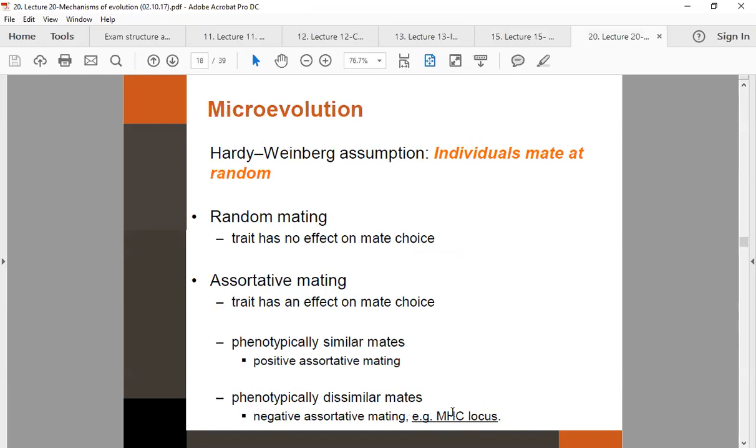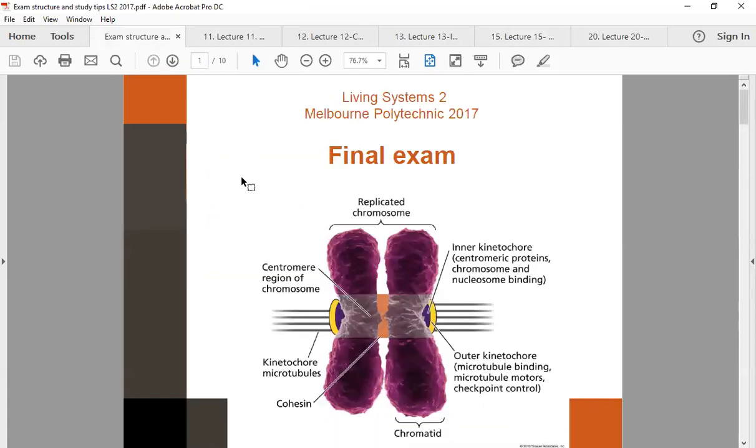And we used the example of mate choice based on the MHC locus, that genetic region that contains lots of genes involved in the immune response. All right, so that's an example of a Hardy-Weinberg assumption and deviations from that assumption, which would occur in natural populations. I won't go through the rest. That was just to give you an example of what we mean by Hardy-Weinberg assumptions and the deviations.